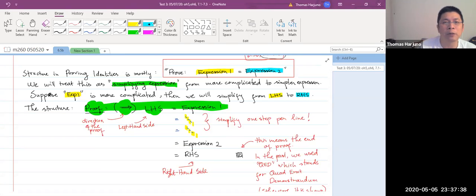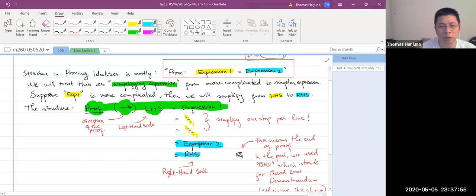Now, after you simplify, eventually you will reach expression 2. Then the closing remark, the last line of your proof, will be equals right-hand side, because you prove from left to right. So after you reach expression 2, which is your right-hand side, you say equals right-hand side, and then you close it.